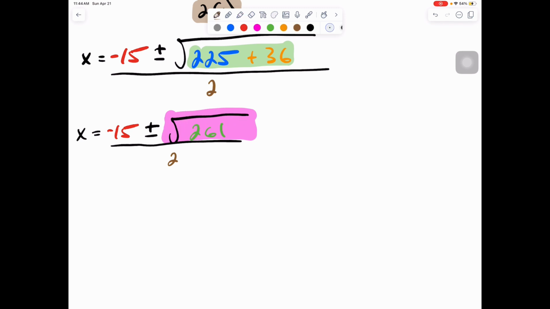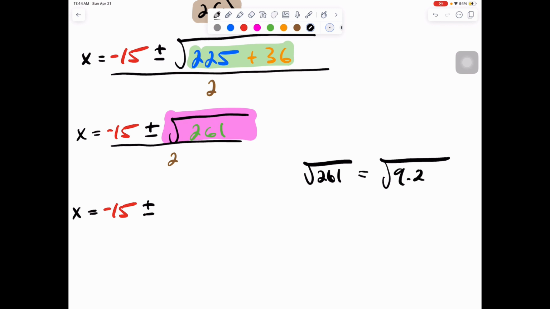Let's write it as x equals negative 15 plus minus. Now, in our factors of 261, if we have a perfect square, we need to simplify that radical even further, just like we did in numbers 2 and 3. Let me write something on the side here. The square root of 261 is equal to the square root of 9 times 29.